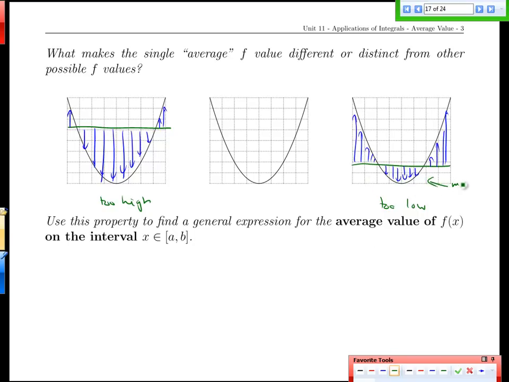So this has more area above the average line than below, and somehow that seems out of balance. Here we have the opposite scenario. There's more area below the average line.